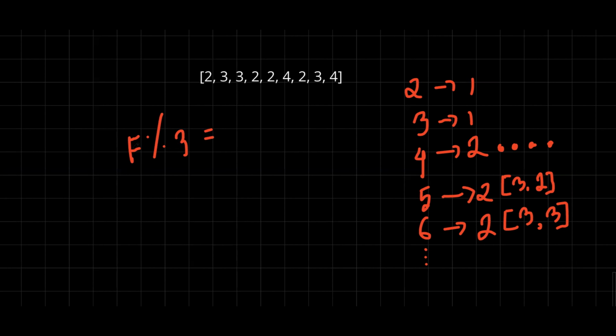If the modulus of the corresponding frequency with 3 is 0, then we can make frequency divided by 3 operations. Now here we have to think about the algorithm greedily.